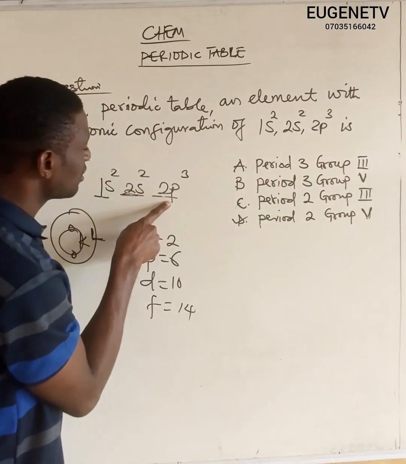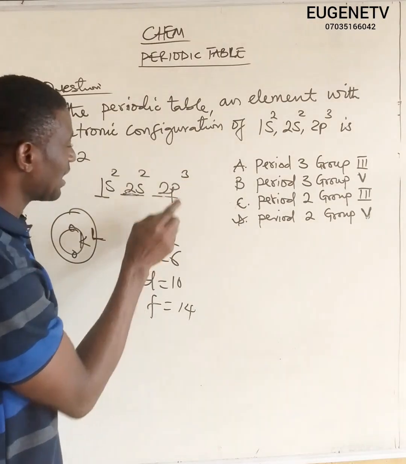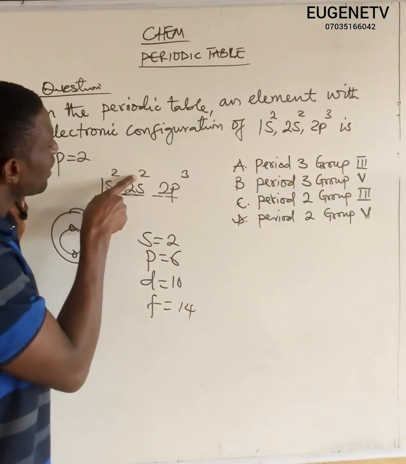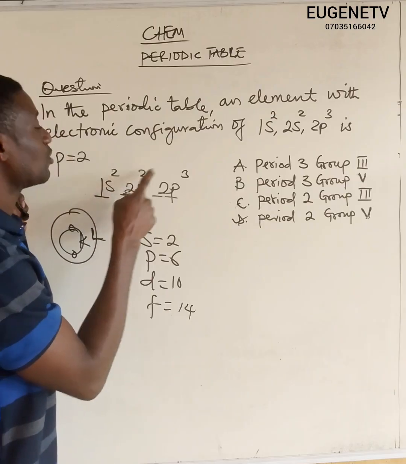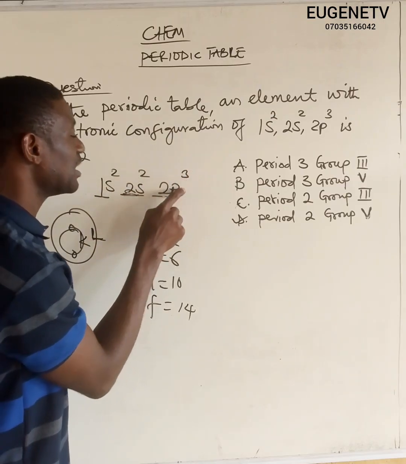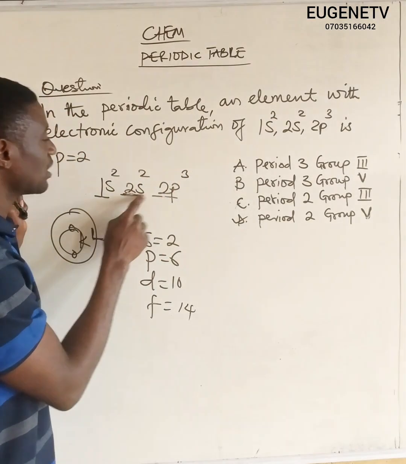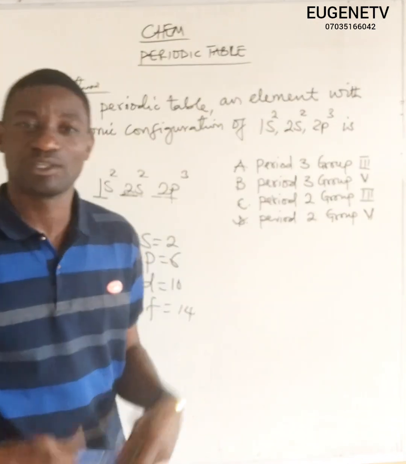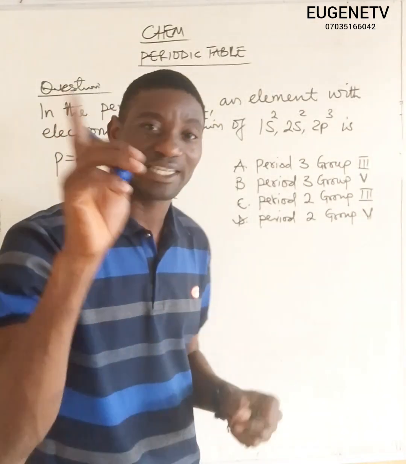Since p can carry a maximum of 6 and it is not complete, what we will simply do is add the electrons in the 2s orbital and the 2p orbital together, and that gives us the group number of the group to which that element belongs. Let me say that again.